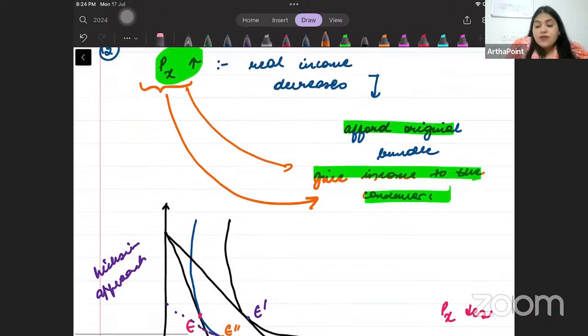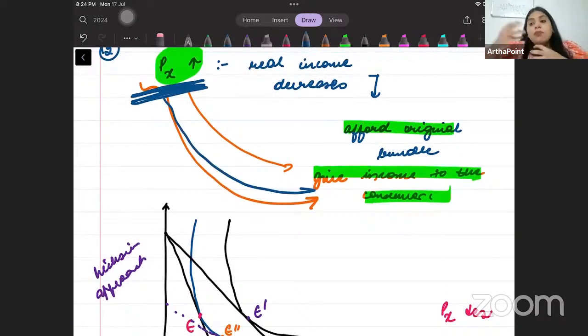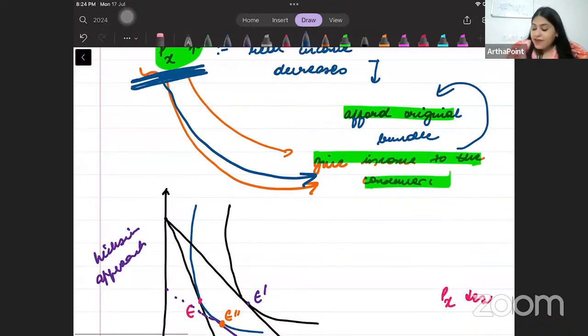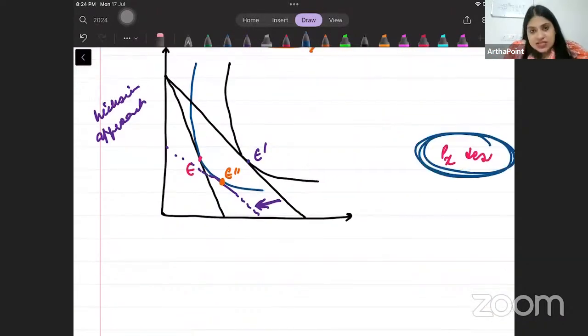So when the price of the good is increasing, in a way I must give more money to the consumer if he wants to get the same level of utility. And when the price of the good decreases, he can get the same level of utility even after I take the money from the consumer. Very, very important, right? This is important for compensating and equivalent variation.